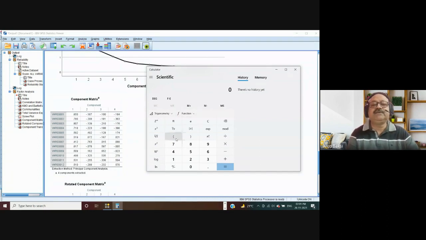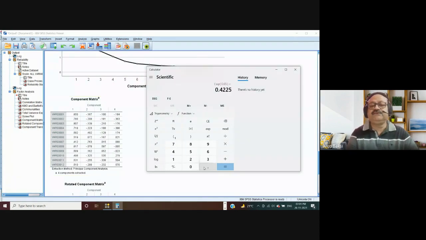So let me check whether the exact communality value comes for variable 1 that was shown earlier. Within bracket, this is 0.650. We take the square of this, plus 0.167.